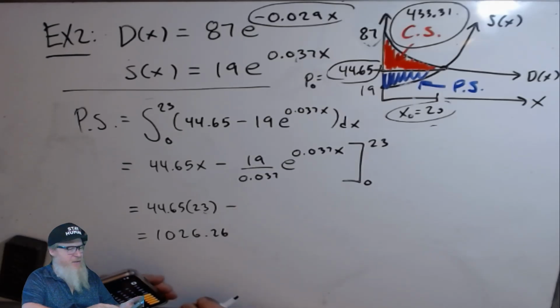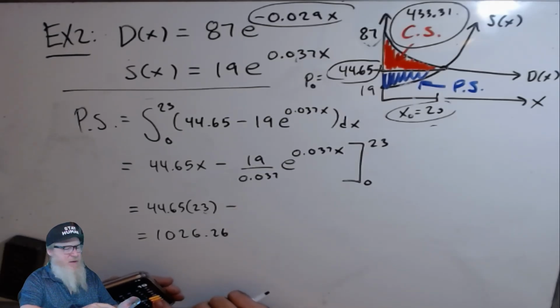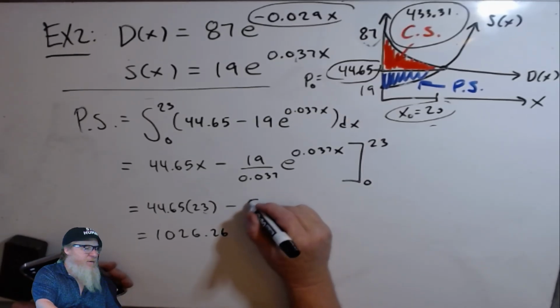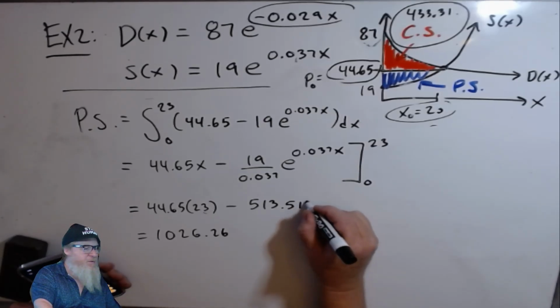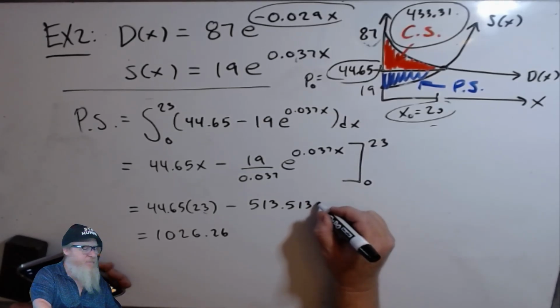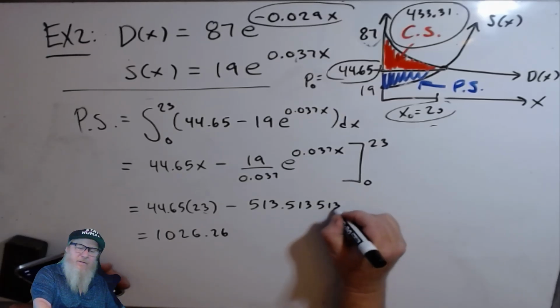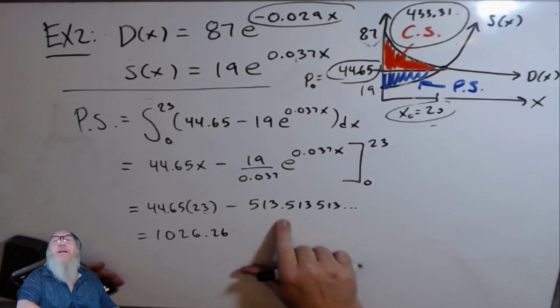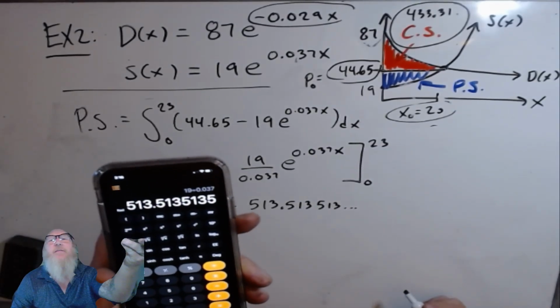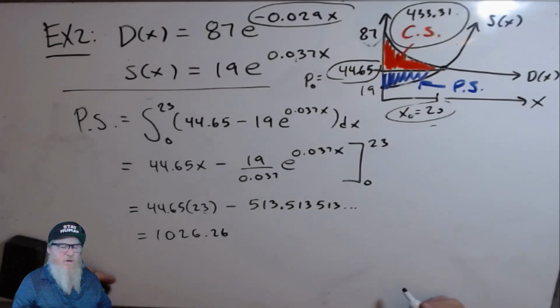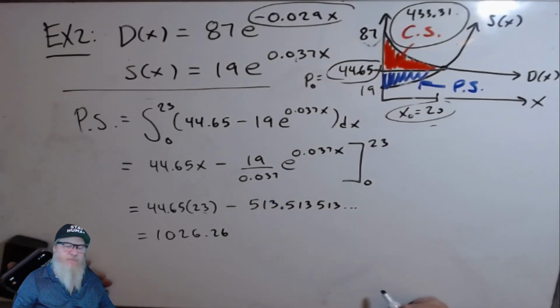Maybe this one's nice also. 19 divided by 0.037. Oh, not so nice. 513.513. Oh, that's neat. What a cool number. 513, 513, it just goes on and on forever. That's kind of cool. Kind of makes sense.